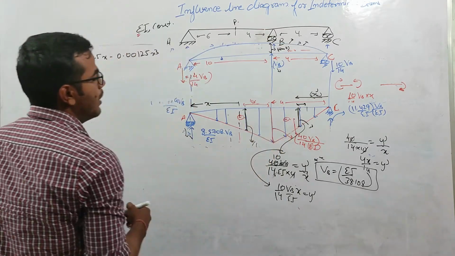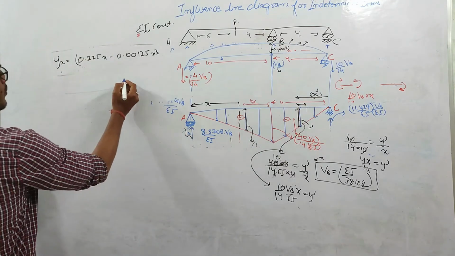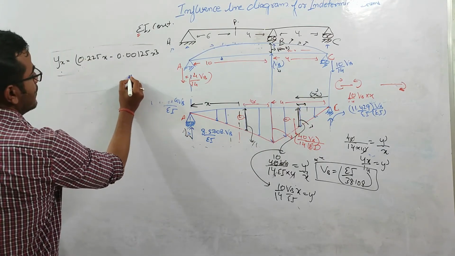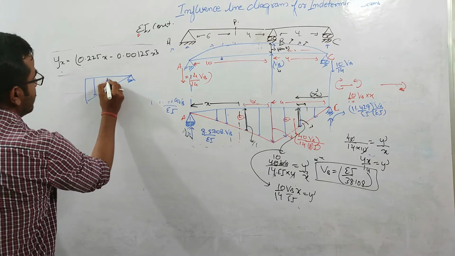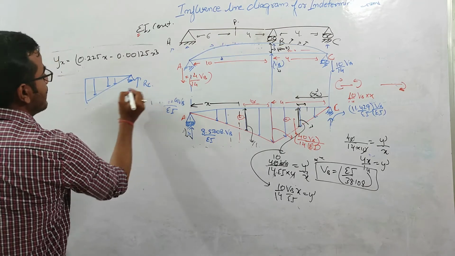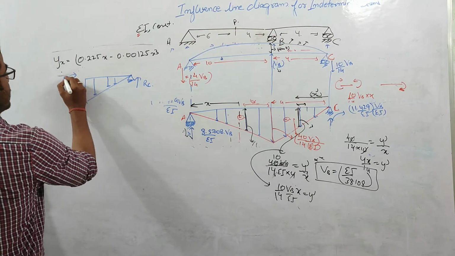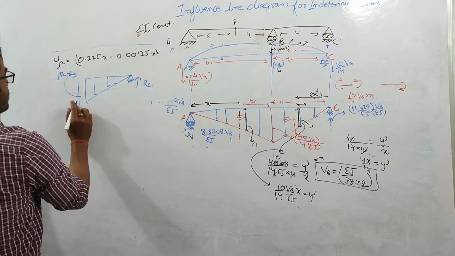Now I need to calculate the moment at a distance of x. The condition will look like this, where the curvature loading is in the downward direction. At this point, we have some RC reaction, and this section will have some moment Mx and one shear force.